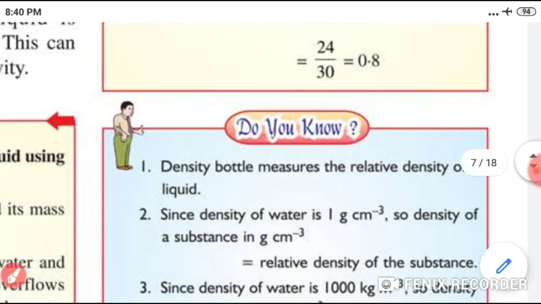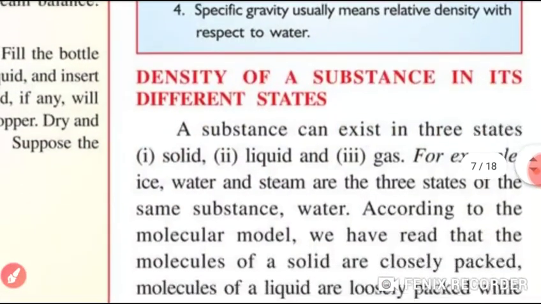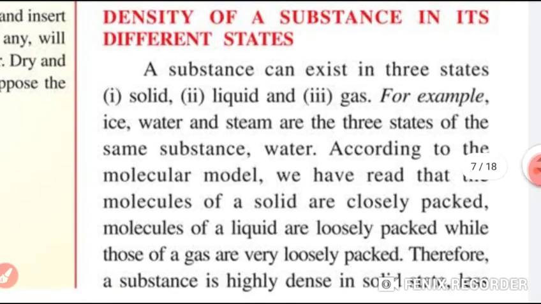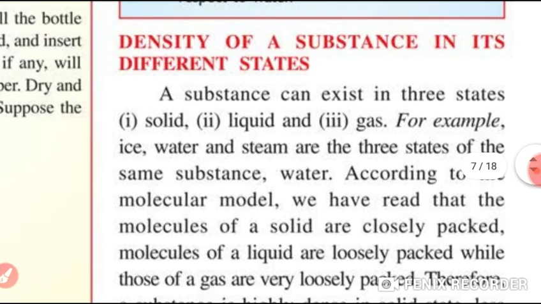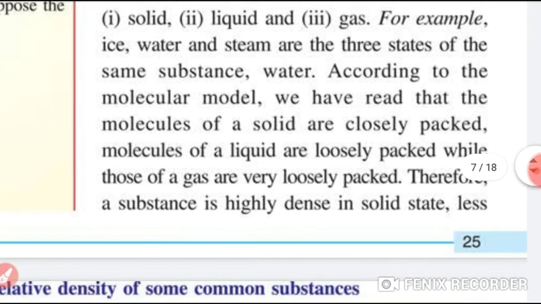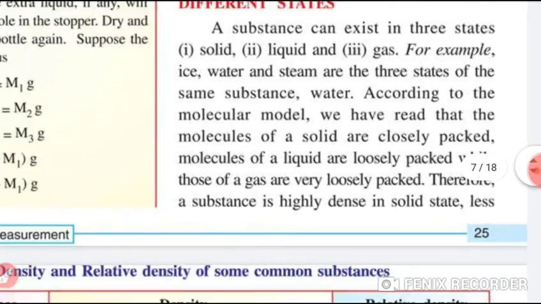Okay, students. Now we will see the density of a substance in its different states. A substance can exist, students, you know very well, in three states: solid, liquid and gas. For example, ice, water and steam. These are the three states of the same substance. Which substance, students? Yes, water. Right. According to the molecular model, we have read that the molecules of a solid are closely packed, in a liquid loosely packed, while in gases they are too loosely packed.